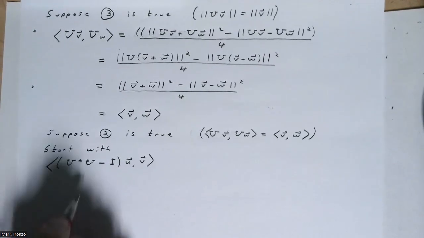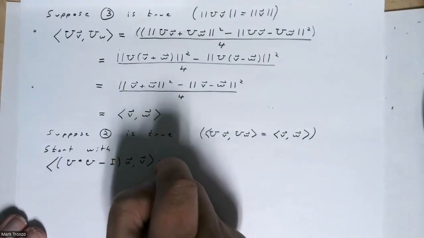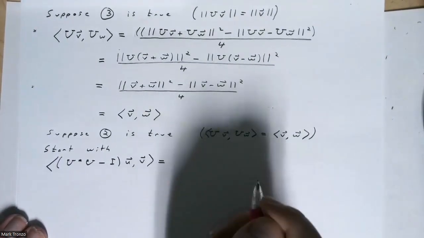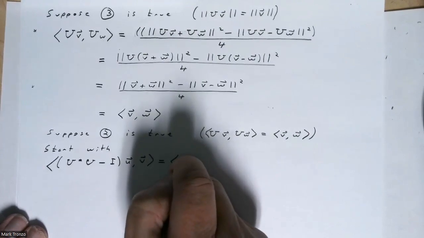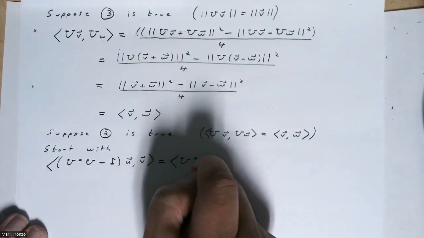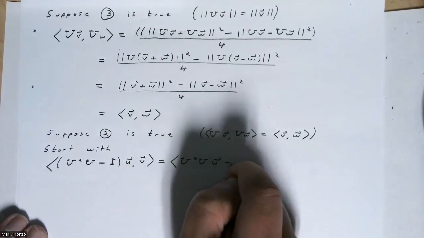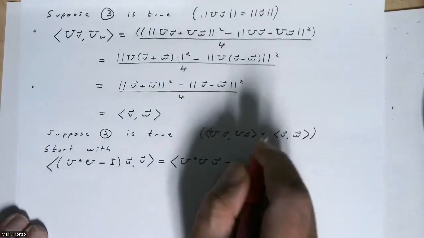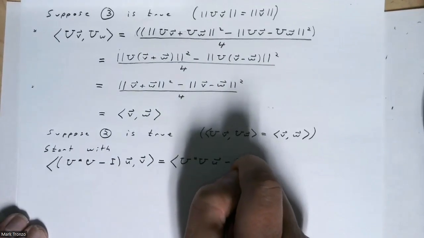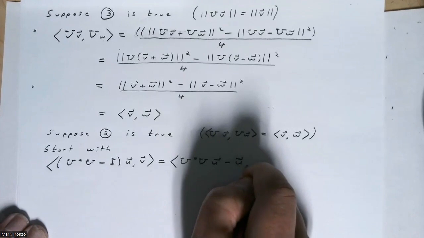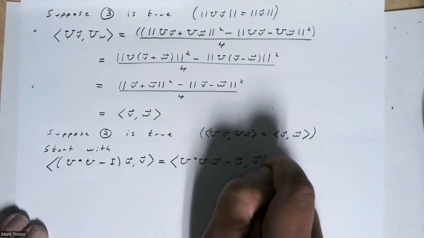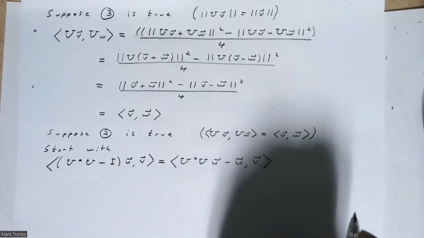And now just doing our usual stuff here. We can make this into U, U, U, minus the identity times U, which is just going to be U like that, V like this.